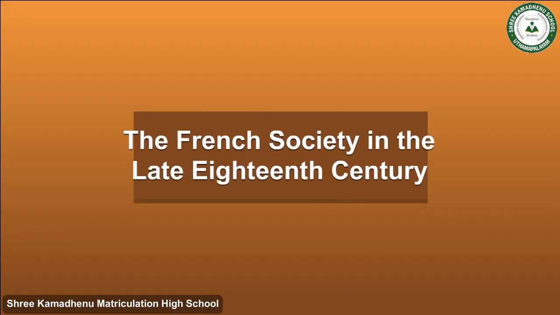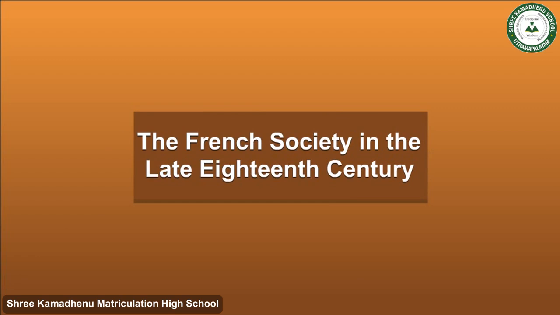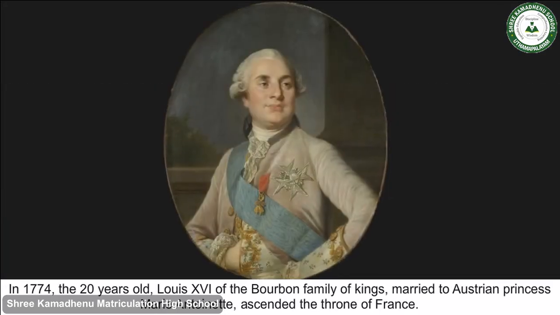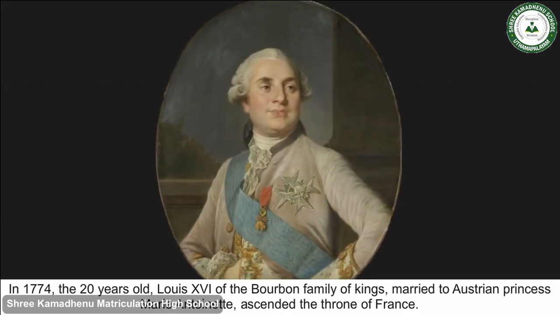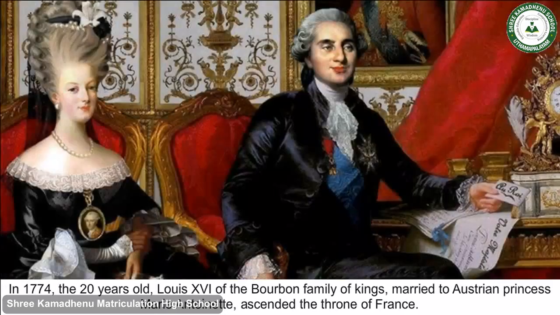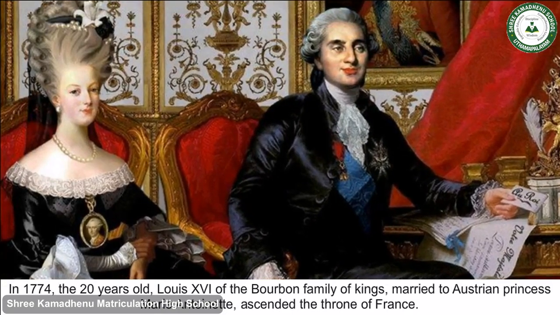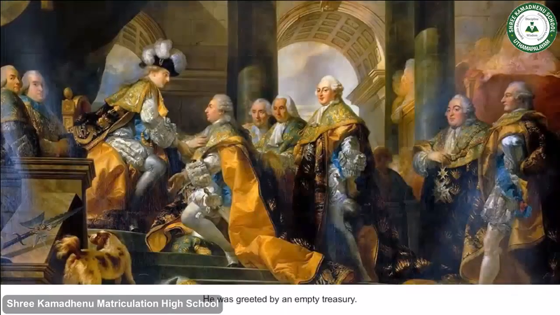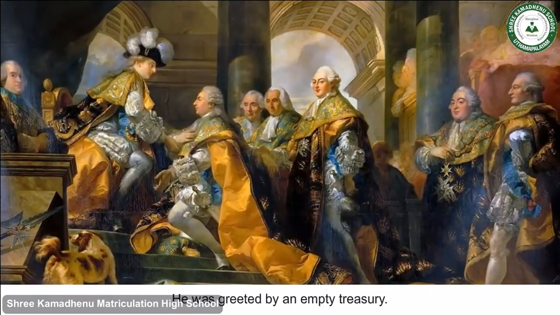The French society in the late 18th century. In 1774, the 20 years old Louis XVI of the Bourbon family of kings, married to Austrian Princess Marie Antoinette, ascended the throne of France. He was greeted by an empty treasury.